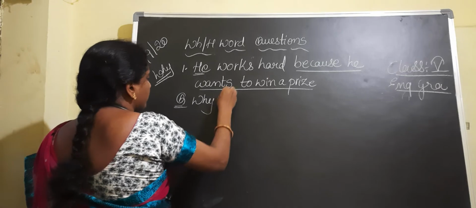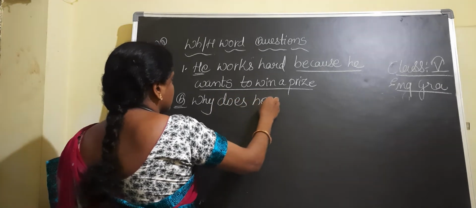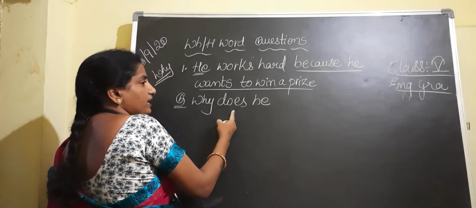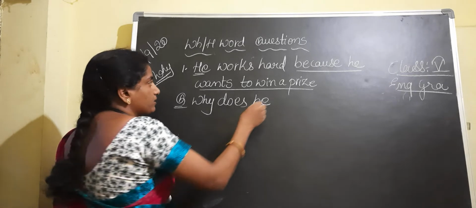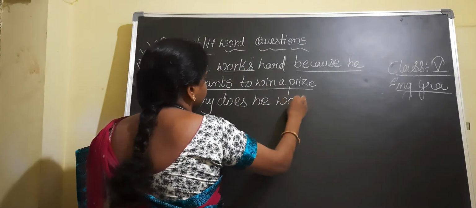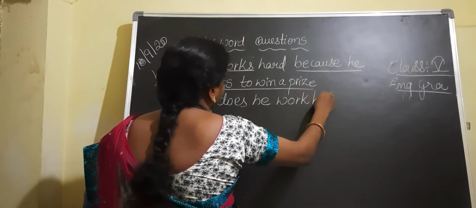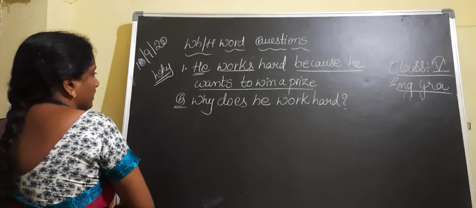So here we have to write does. Why does he? What I said, whenever we are writing does, we have to use the V1 form of the verb. So here the verb is works, nana. Here you write work. Why does he work hard? And write the question mark.